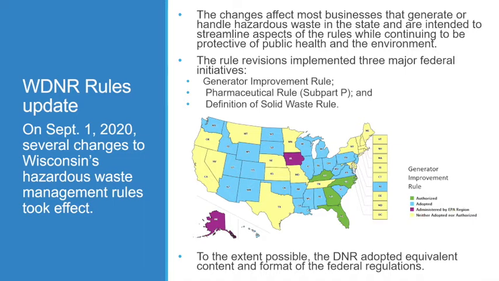But as you can see, what ends up happening across the country is a patchwork of where states are in their adoption process. And this impacts you if you're operating multiple facilities in different states, or you're sending your material for processing or management under certain regulations to states that may not have adopted those regulations.